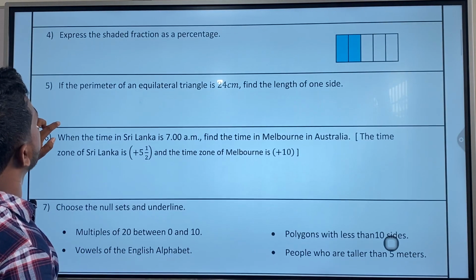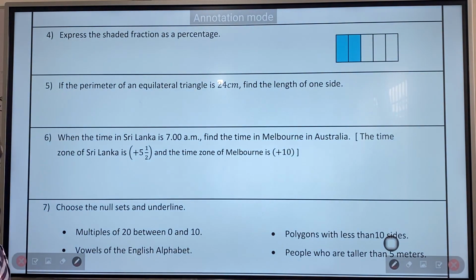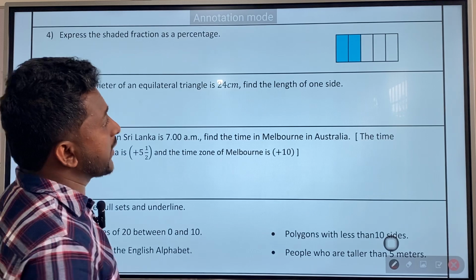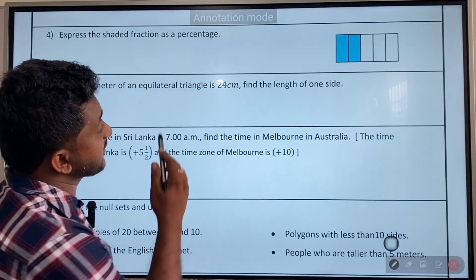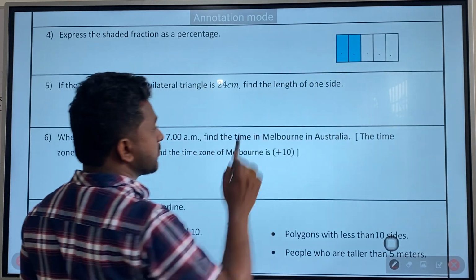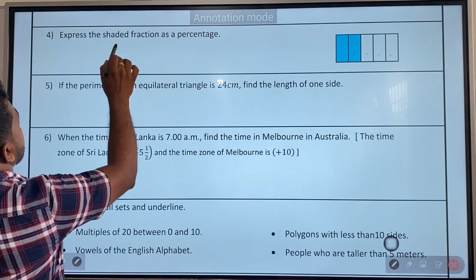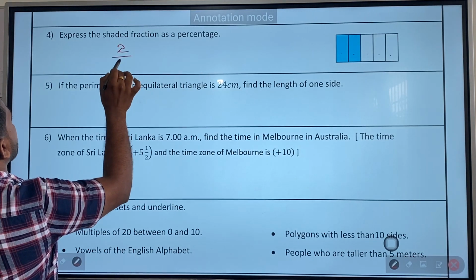Look at question number 4: express the shaded fraction as a percentage. First we write the shaded part as a fraction. It is divided into 5 equal parts and 2 of them are shaded, so the shaded portion is 2 over 5.